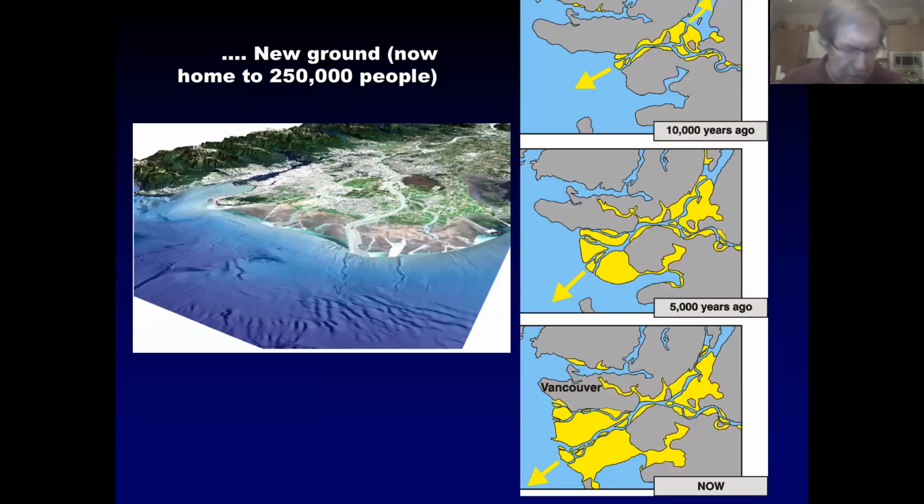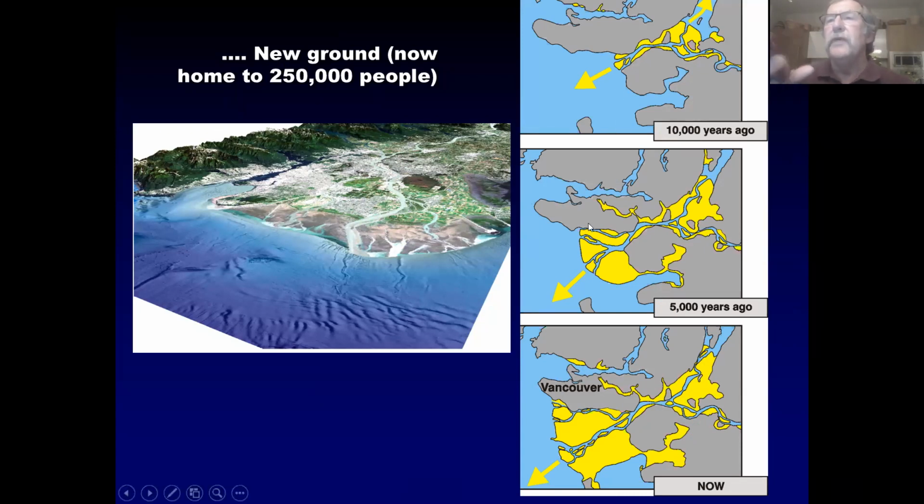So I'm just finishing up here. Interestingly, and I've often wondered about this, the Fraser River Delta didn't exist 10,000 years ago. The Salish Sea, the Strait of Georgia, extended all the way east to New Westminster, which is located in that top image right about here.